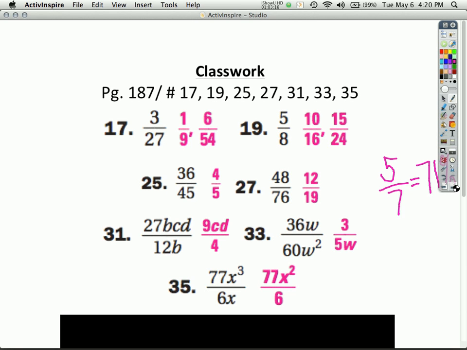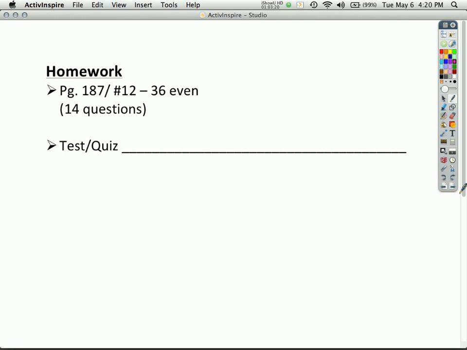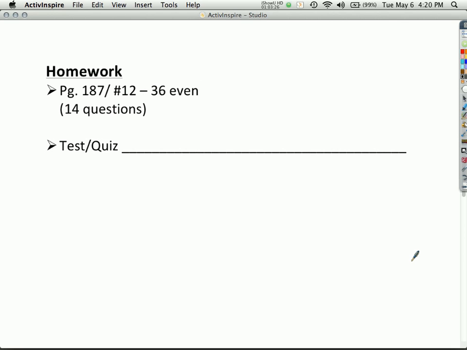Draw a line across your paper. Your homework is page 187, numbers 12 through 36 even. That's 14 questions. And you will have a quiz on chapter 4 next week.